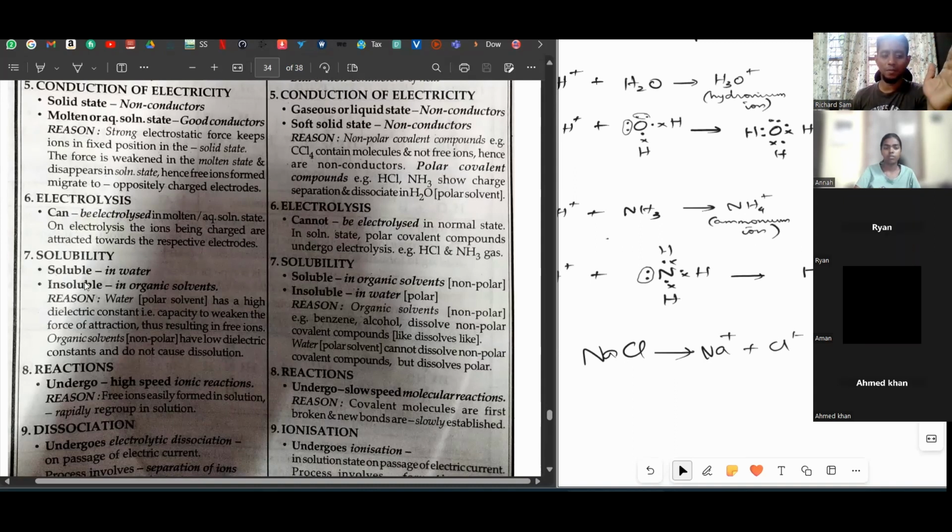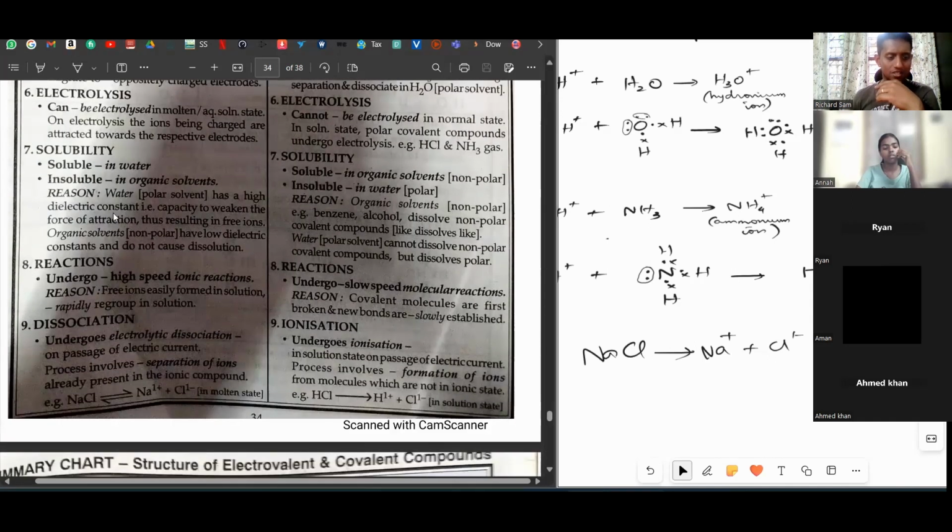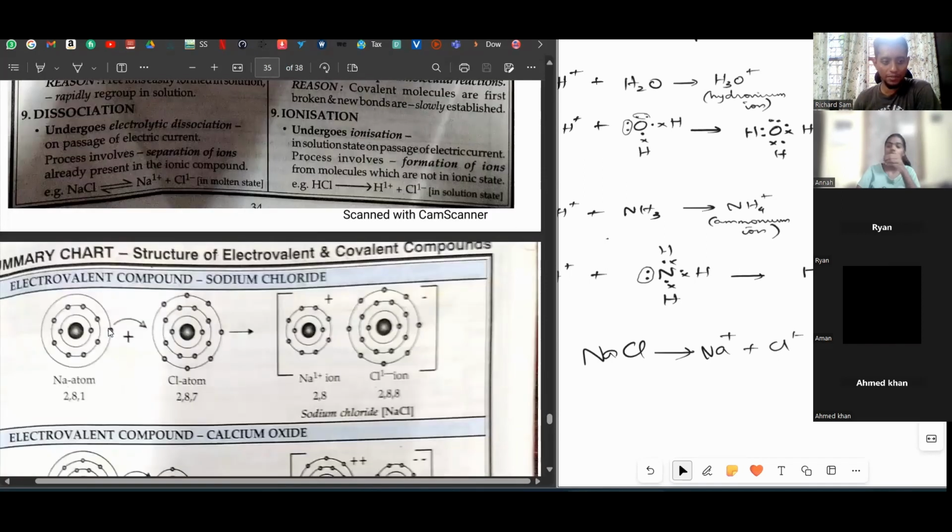Then solubility: ionic compounds are soluble in water and insoluble in organic solvents. Covalent compounds are soluble in organic solvents and insoluble in water. These last three topics we will discuss later on: the solubility, the reactions, and dissociation, because a little bit of explanation is needed for that.